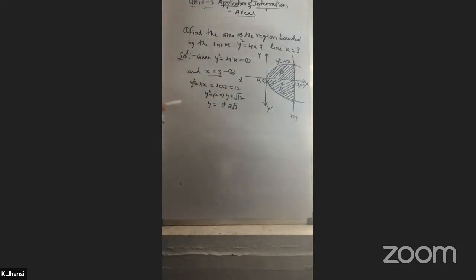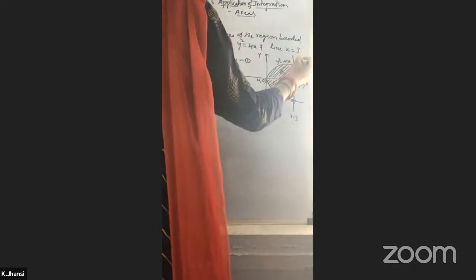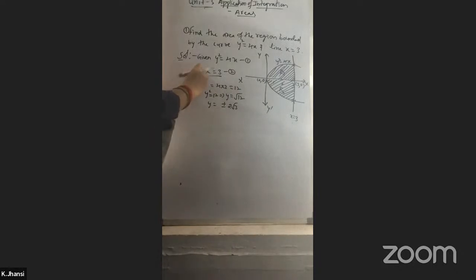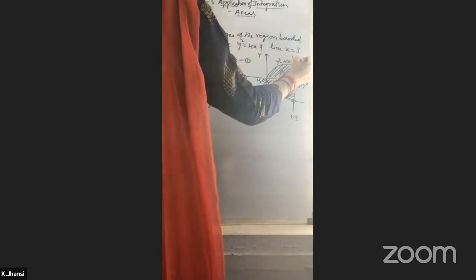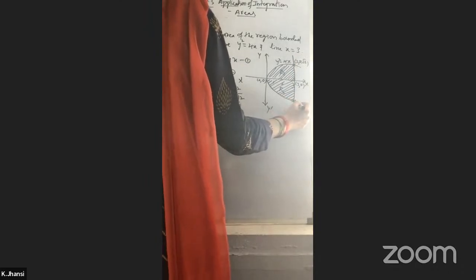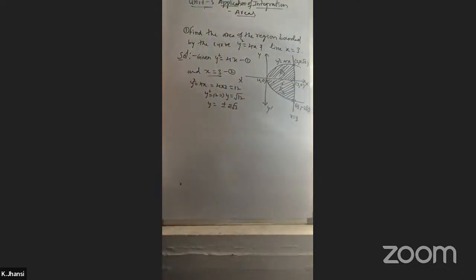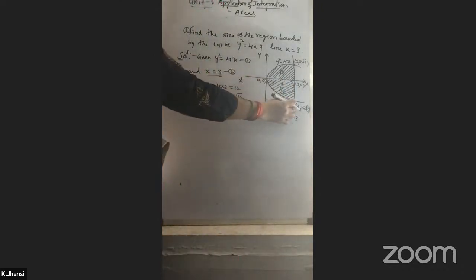Okay. So here the point of intersection will be 3, comma 2 root 3, since the x value is 3. And here it is 3, comma minus 2 root 3. So 3 is the x value here also, and the y value is minus 2 root 3.